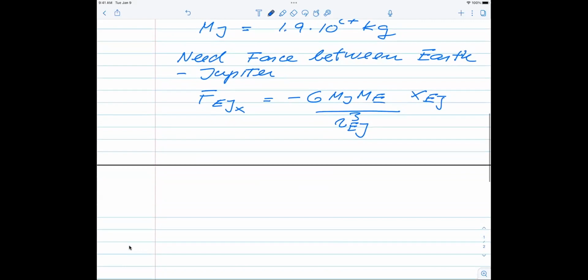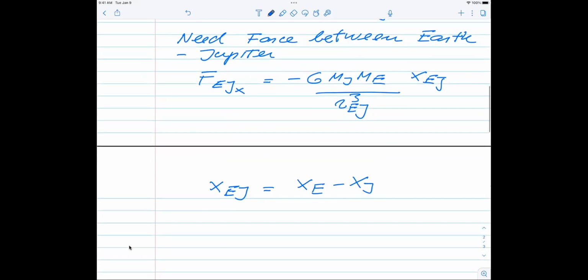And I just have to give you the definition. So x_EJ is simply given by the position of the Earth, so E for Earth, minus the position of Jupiter. In addition, because we have chosen the sun as the center of mass, all these distances which you see now are relative to the sun. So the sun is at rest.